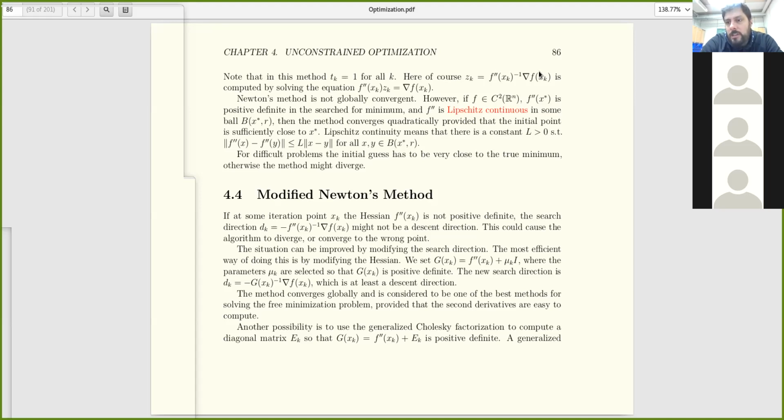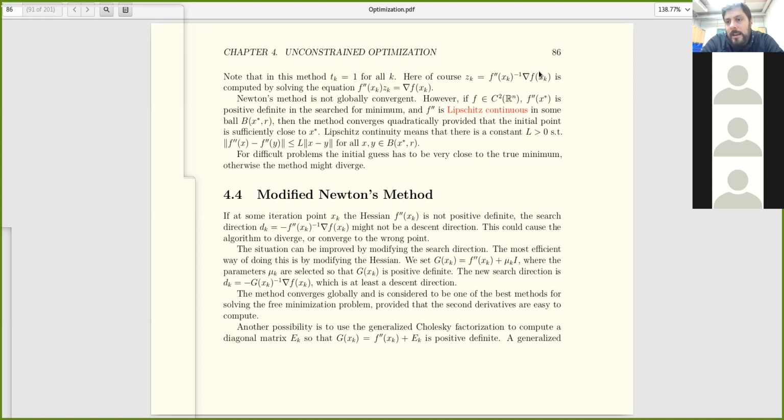So there are directions in which if you take a vector, then multiplying it with the Hessian results in that vector flipping direction. And if you take the inverse of the Hessian, the same thing applies. If the Hessian is not positive definite, the inverse will also have negative eigenvalues.